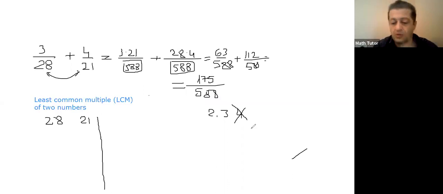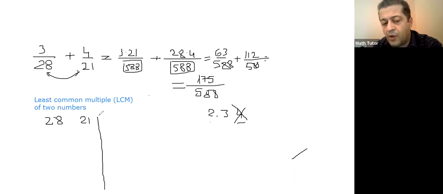So we should start dividing those two numbers with prime numbers, but starting from the smallest one. And the smallest prime number is the number 2. It is not the number 1 because the number 1 is a special number. It is neither prime nor composite.